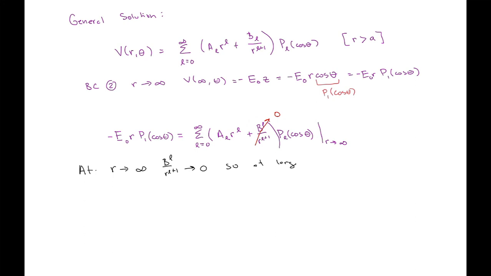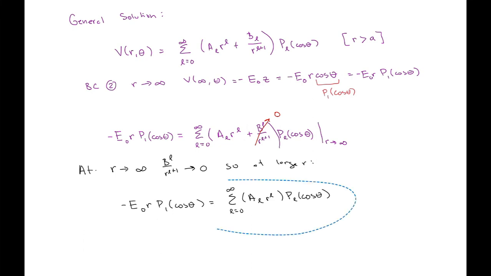So at large r, I can rewrite my general solution again one more time, without the term with the b coefficient. So let's look at this guy.